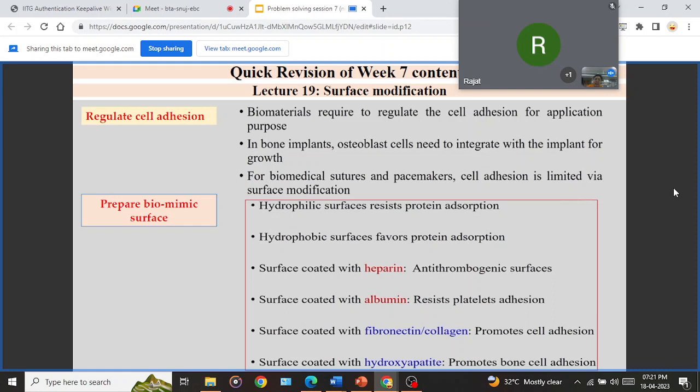If the surface is coated with fibronectin or collagen, it promotes the cell adhesion. Similarly, if we coat the surface with hydroxyapatite, it promotes bone cell adhesion. So usually in case of bone implants, how do we do the surface modification? We try to coat the surface with hydroxyapatite, right?